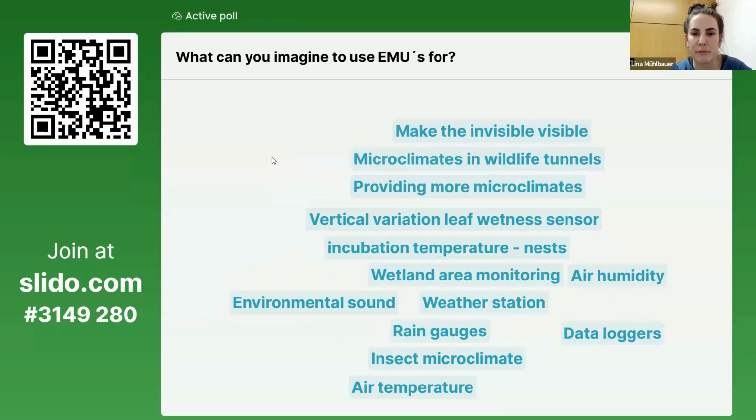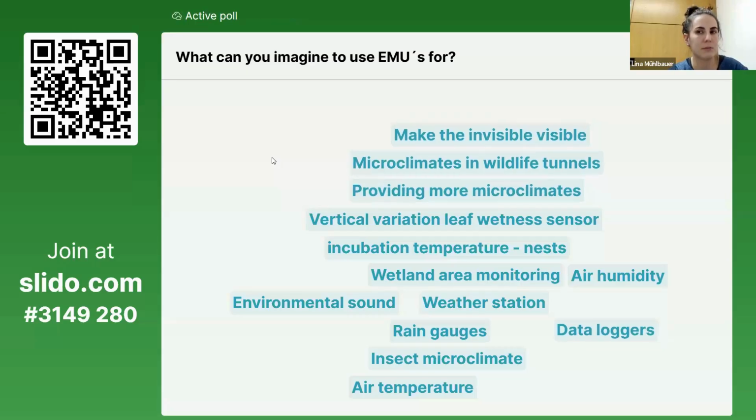And yeah, someone wrote providing more microclimates. I actually wrote something about it in a blog post about the publication, because I always like the idea that you can measure microclimate, but also give insects and plants more microclimates, and actually use that for nature conservation because it's so accessible and so cheap.